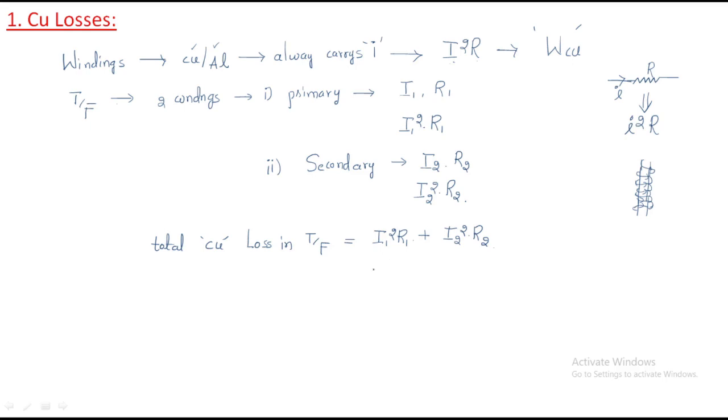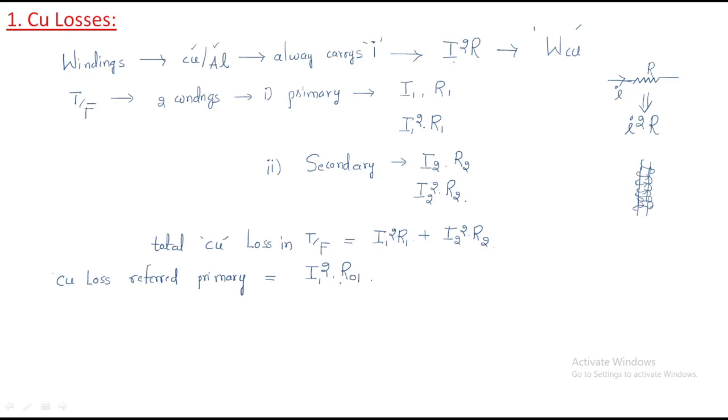We can write other equations for this total copper loss. The copper loss referred to primary is the primary current I1 square into R01.